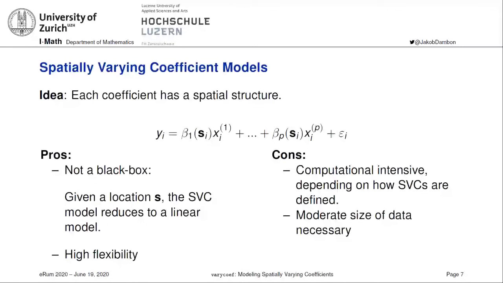And with this also comes some high flexibility. On the other hand, it is computationally intensive, depending on how you define the spatially varying coefficients. And of course, you need a moderate size of data, so you shouldn't run these on a couple of dozens of observations.